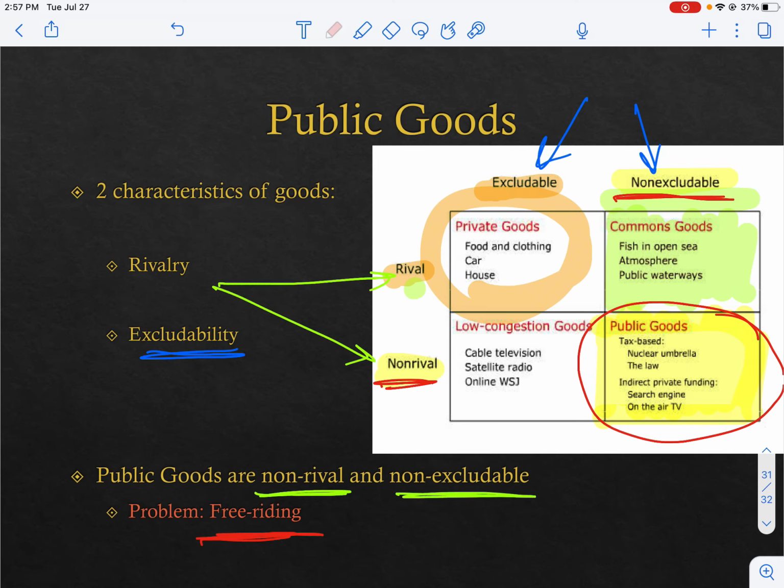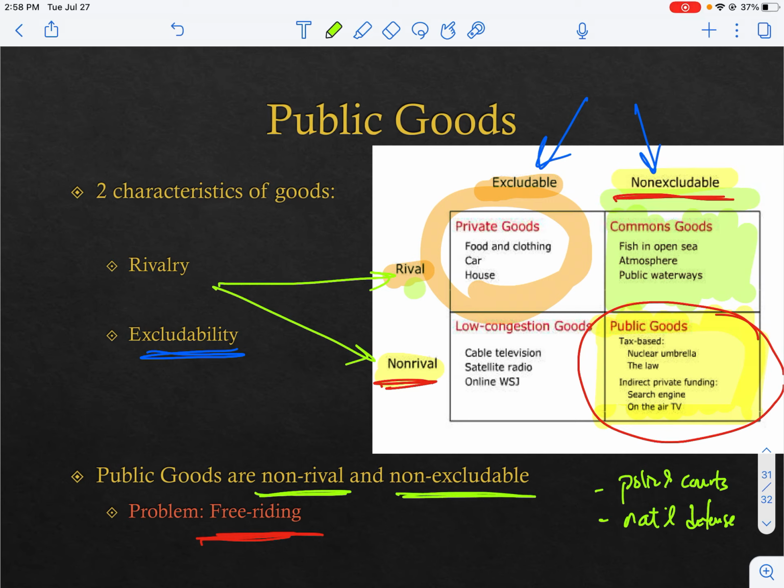So it's interesting. Usually when we think about public goods, people will talk about law, police and courts, national defense. And national defense is a good example. Just because you're protected doesn't make me any less protected by our national defense, by our military, by the Pentagon.